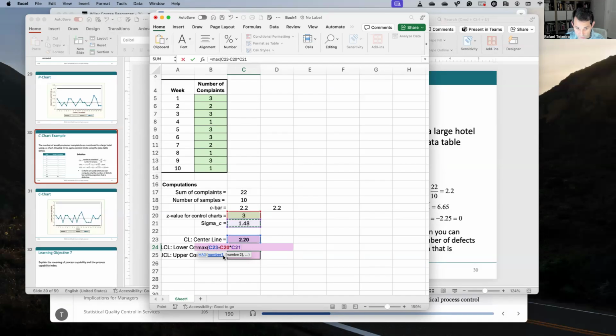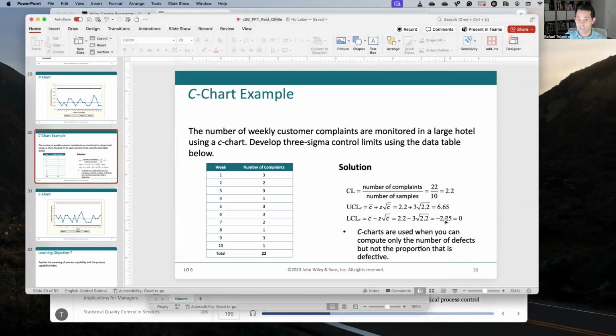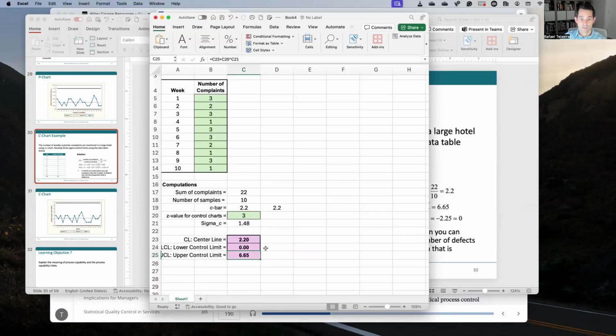When I type a comma, Excel asks for the second number. The second number is 0. So I have two possible values. If the first one is positive, that's the number it returns. If it's negative, it returns 0. Because the number is negative here, Excel returns 0.